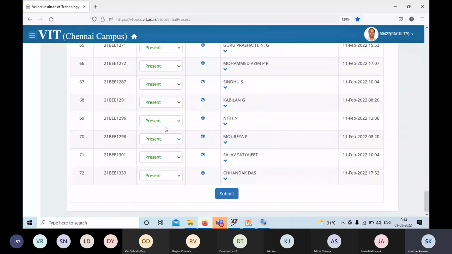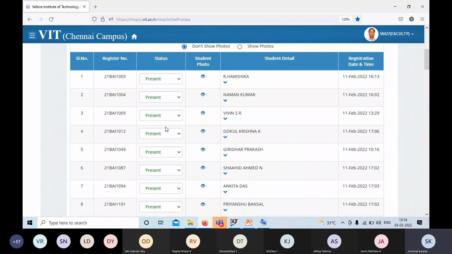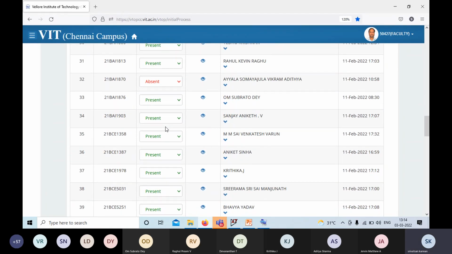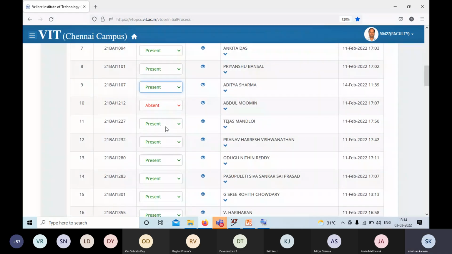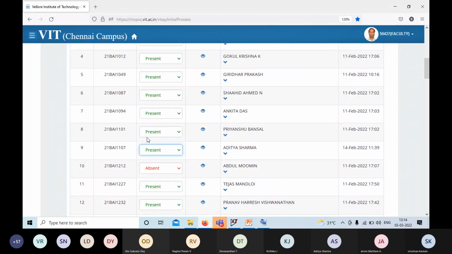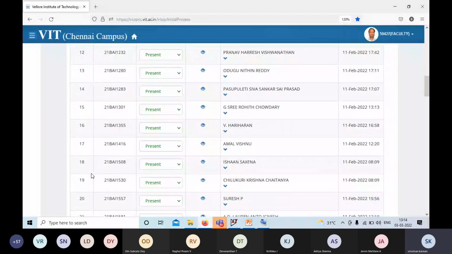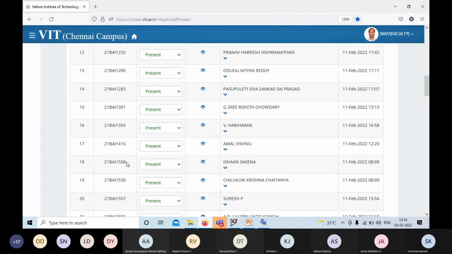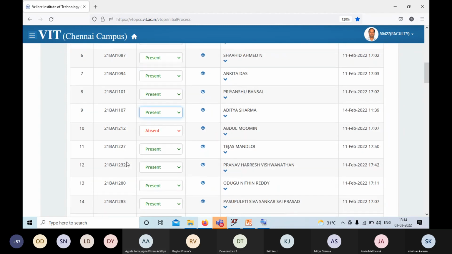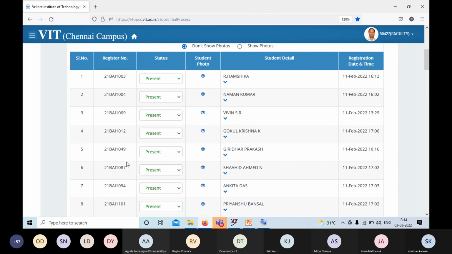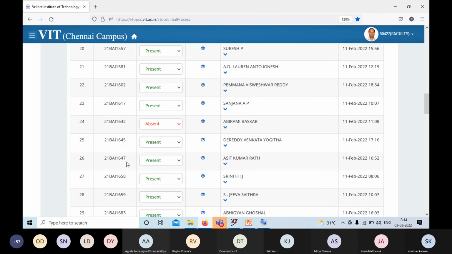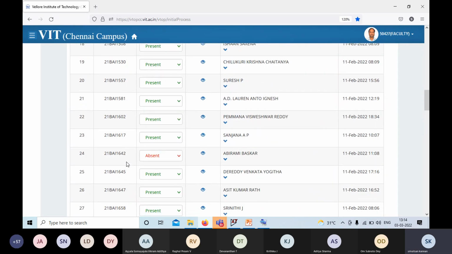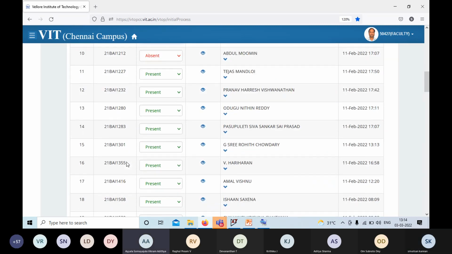Anyone is marked absent wrongly? You can see the absentees list now. I'm scrolling, so you can see the absentees. If anyone is present, tell me. Sir, Vikramaditya, 21 BAI 1870, not 1070, right? 1870, sir.